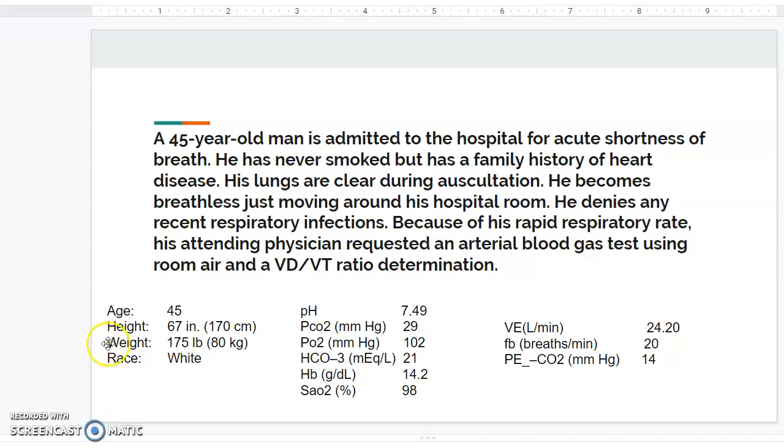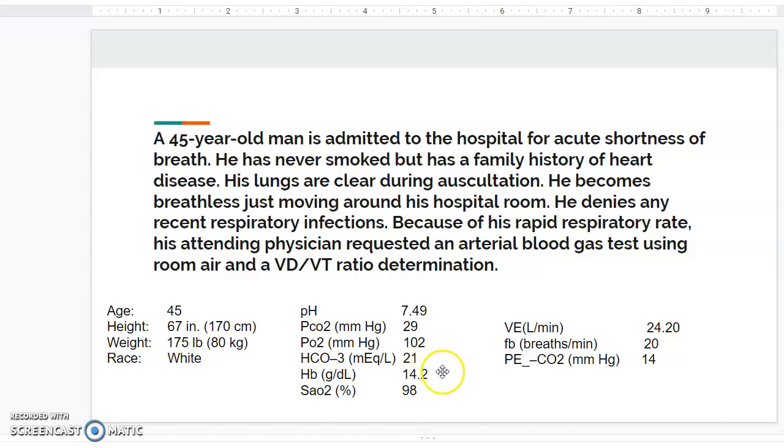So here we have our patient demographics. He's 45, he's 67 inches tall, about 175 pounds. Looking at his blood gases, his pH is 7.9, that's a little high, so a little on the alkalotic side. CO2 is at 29, a little low. PO2 is at 102, which, since he's breathing room air, is a little on the high side.